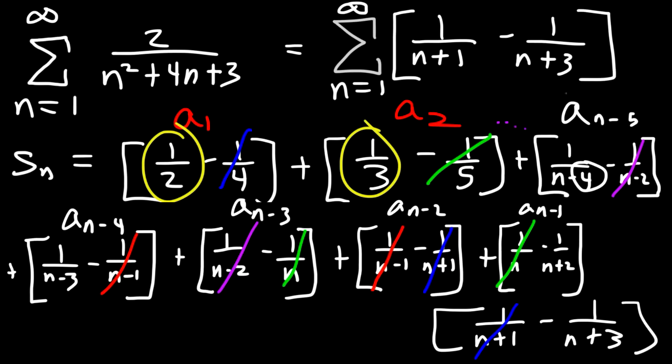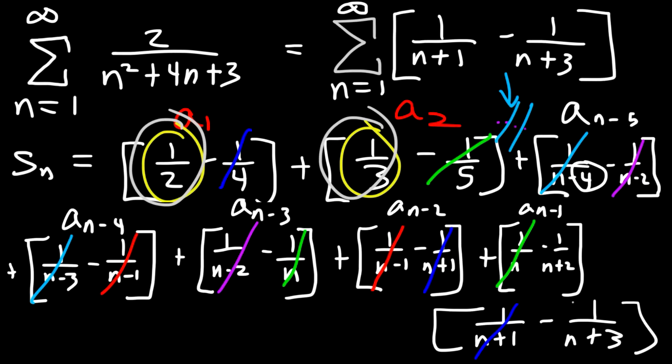So if we were to find, let's say, the a sub n minus 6 and the a sub n minus 7 terms, we could cancel these things. It's going to cancel with something in the middle of the sequence. The only things that will not be canceled in this example are the first two fractions here and the last two fractions, not including this one.